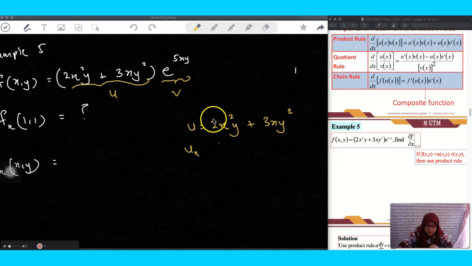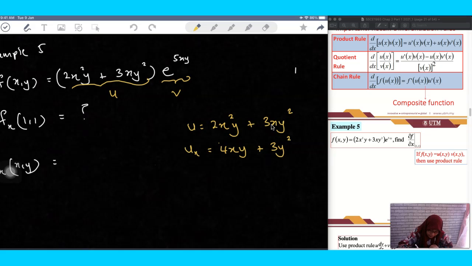Look at this term: y is constant, so you just have x squared. When you differentiate, you get 4xy. Followed by the second term, y is constant, so you just have 3x. Differentiating with respect to x, you get 3y squared. And then your v is e to the power of 5xy.